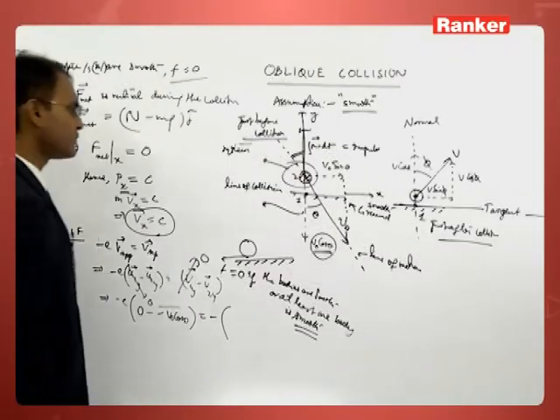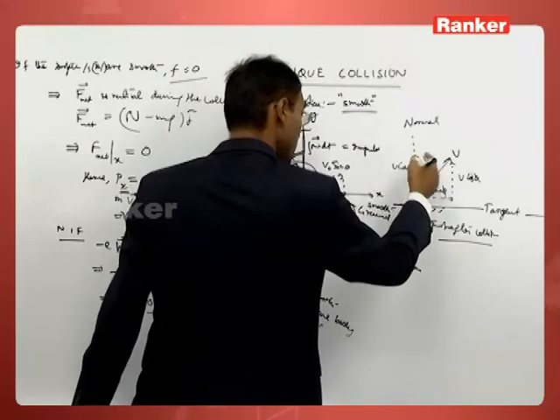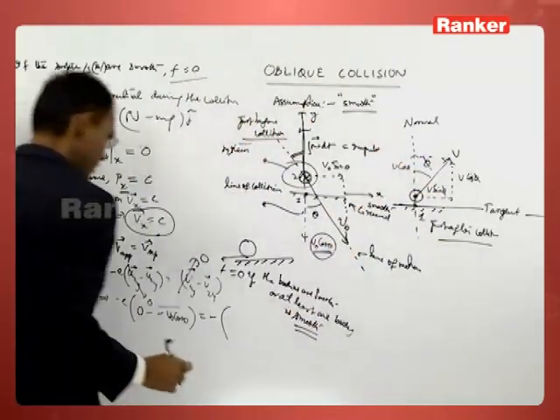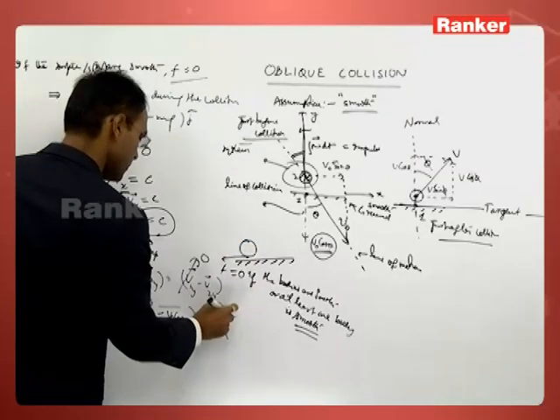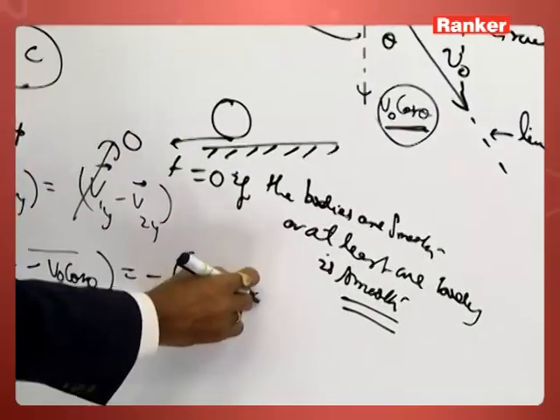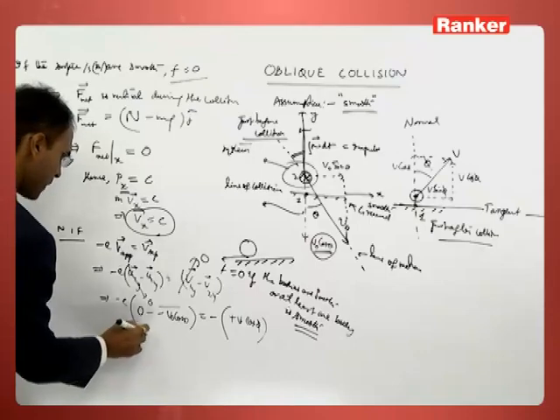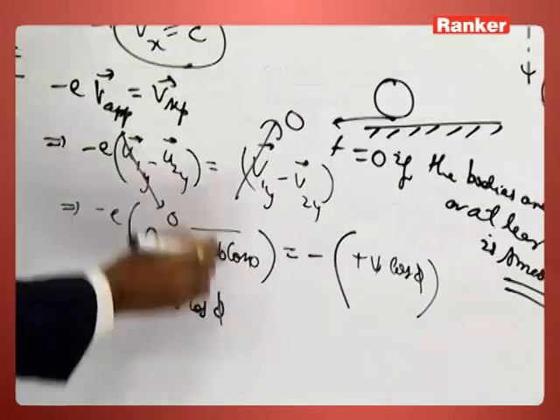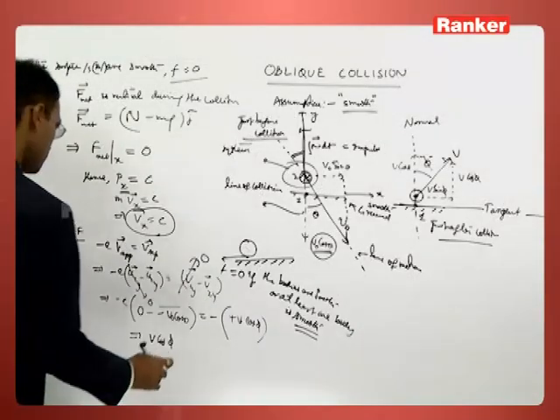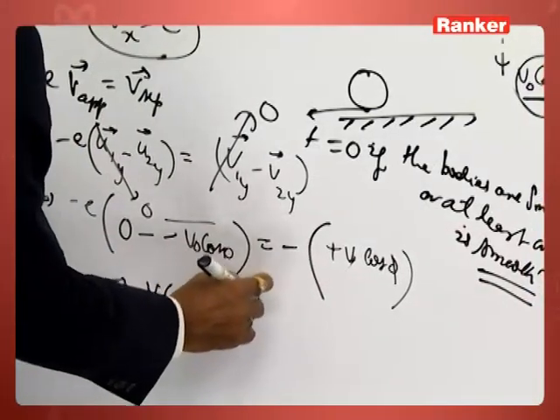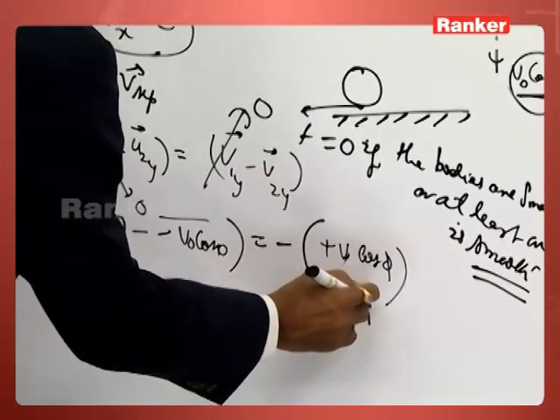Just after collision, if you take the velocity in this direction, its y component is upward, that's positive, v cos phi. So this gives us v cos phi is equal to e v naught cos theta. This is equation number 1.